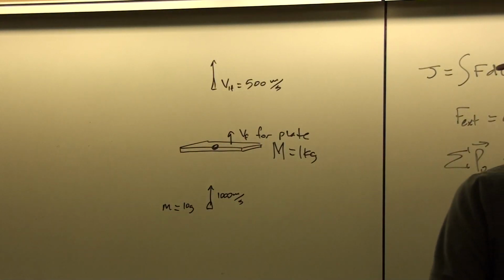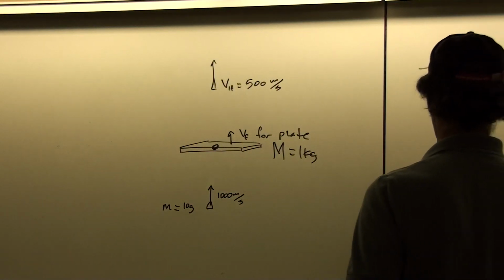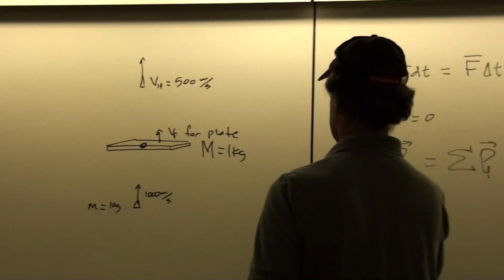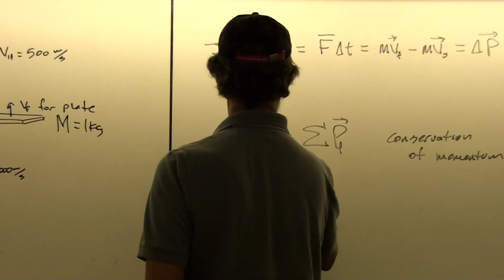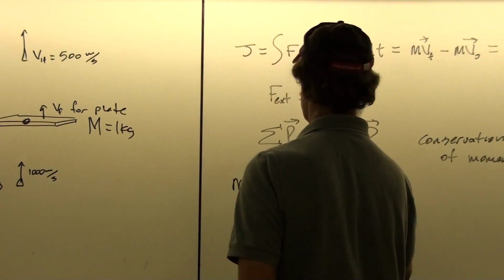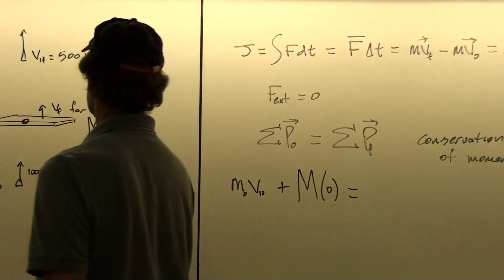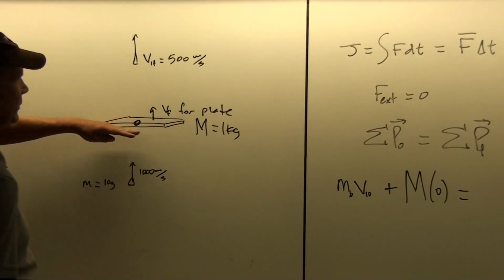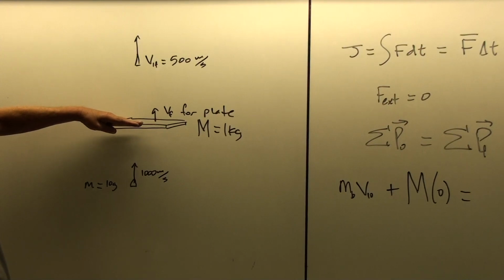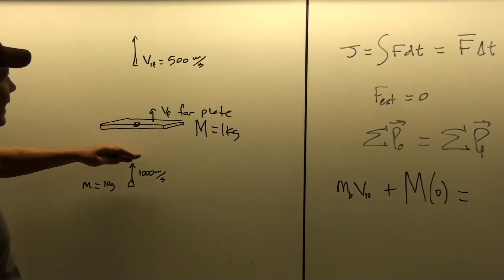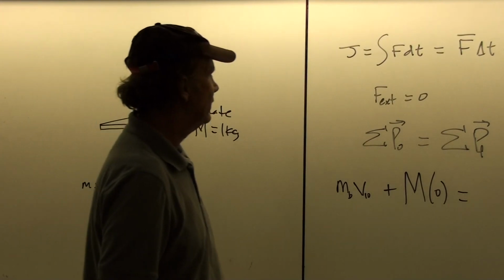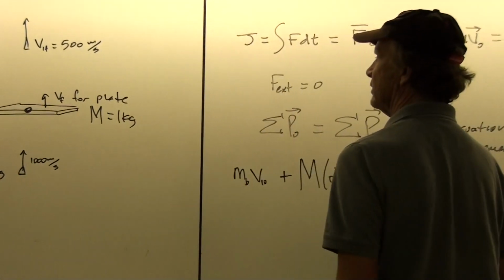The sum of the initial momenta in this case is just going to be the mass of the bullet times the velocity of the bullet, plus the mass of the plate times 0, because initially it's sitting on a table or something, or it could be in space too. It's just suspended there somehow. Then afterward, it's going to have a velocity just after the collision.